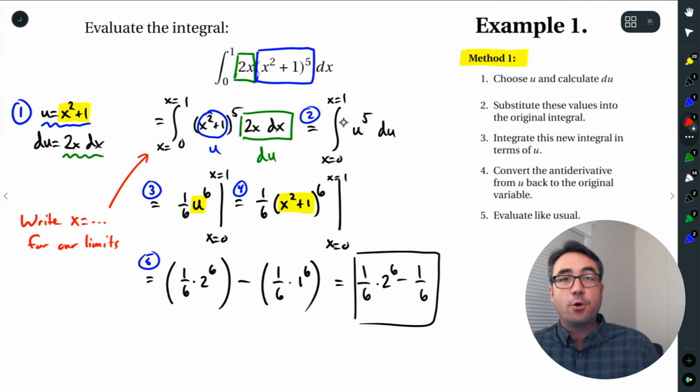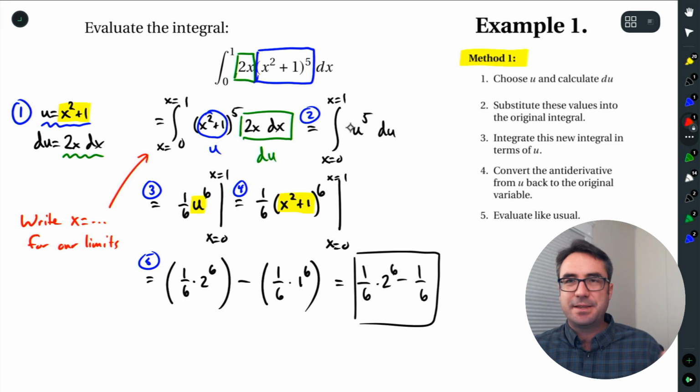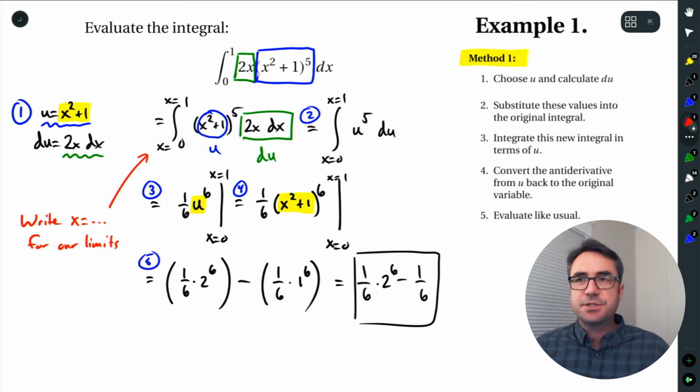Otherwise, it would be confusing whether we're talking about u equal to 0 or x equal to 0. If you're not going to switch the limits of integration, write x equals in front to emphasize that you didn't switch them, and then just go through it like normal. All right, we'll try another one of these just to see how it's done, but we'll keep practicing. We'll see you there for the next example.